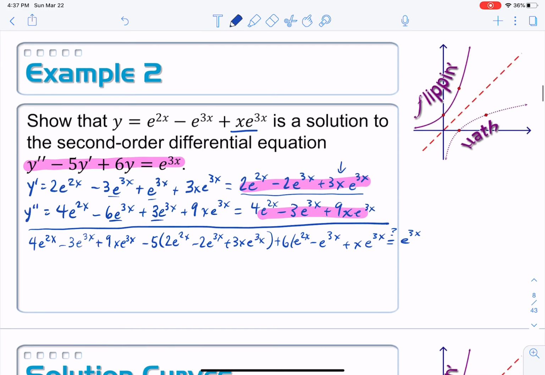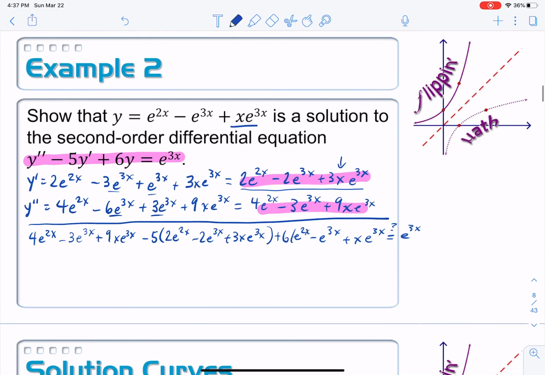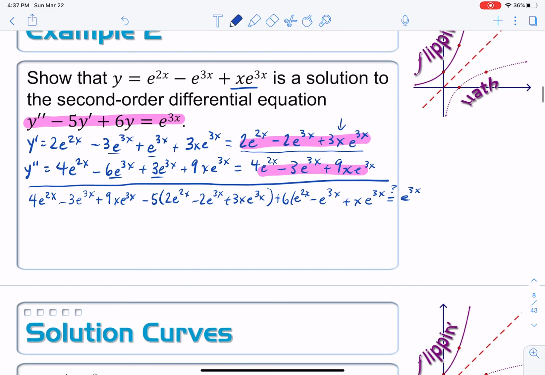Okay. And then combining some like terms, so I'll have to rewrite some stuff right here. Copying down this first part. Distributing the negative 5 through this is a negative 10e^(2x), positive 10e^(3x), minus 15x e^(3x).